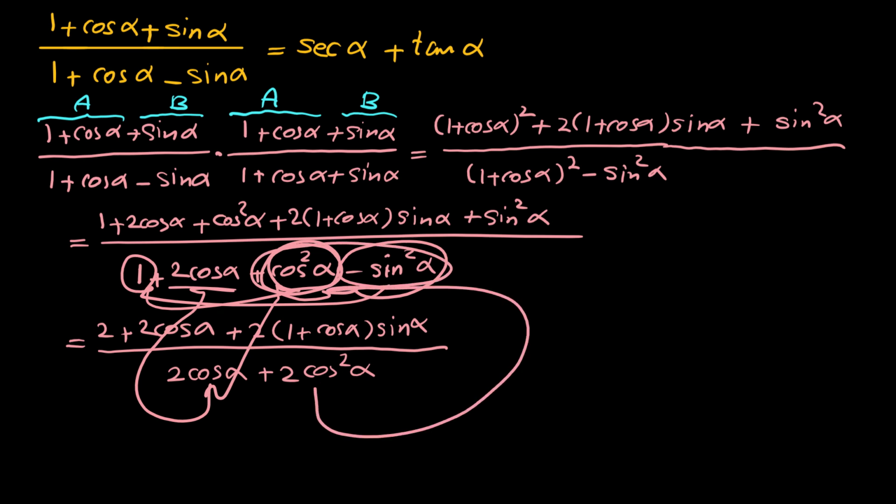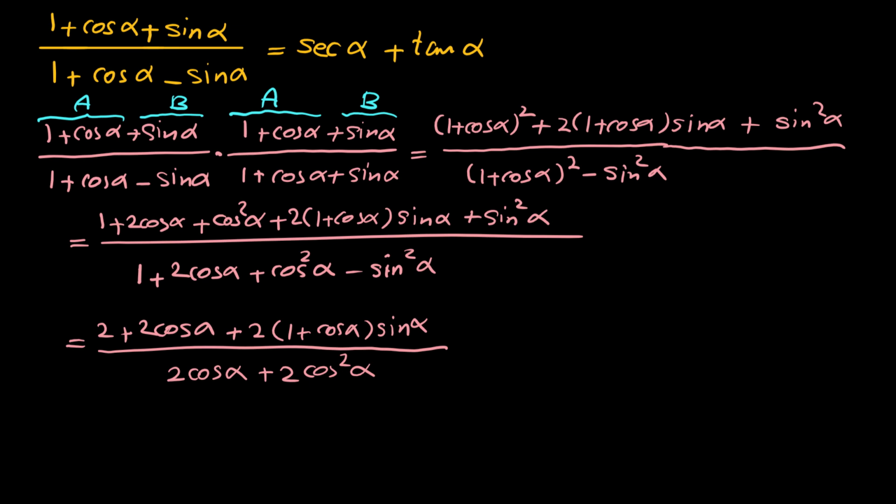In total we have 2 cosine to the 2. Look at the numerator. All the terms in the numerator have a 2 as a common factor. So we can simplify those 2's in the numerator with the 2's in the denominator. But let's keep it in this way for now.